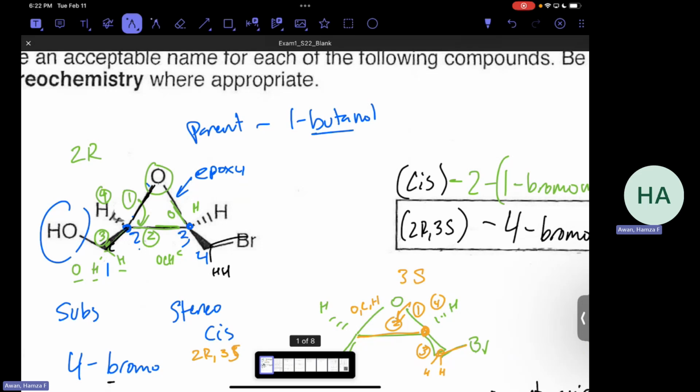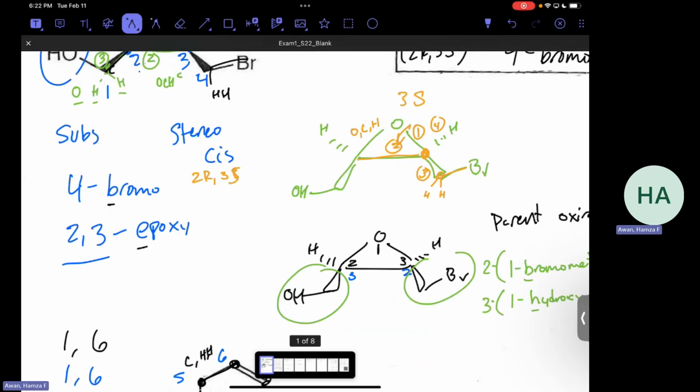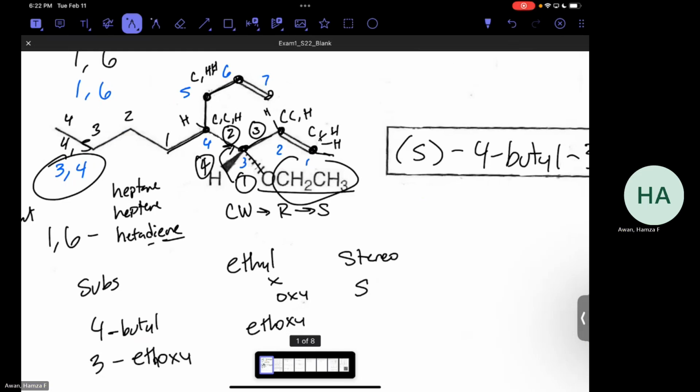Any other questions? For the stereo, why is it not S to R? Because it's a clockwise rotation, and whenever it's clockwise, it would be R. And because we have to flip it, because the hydrogen is on a wedge and the oxygen is on a dash, we have to flip them.